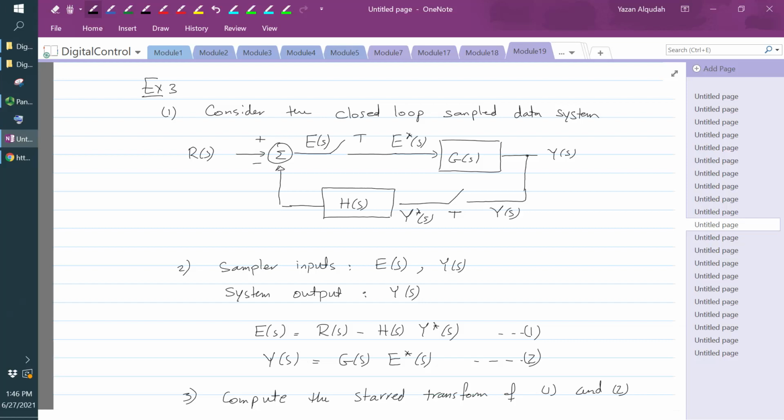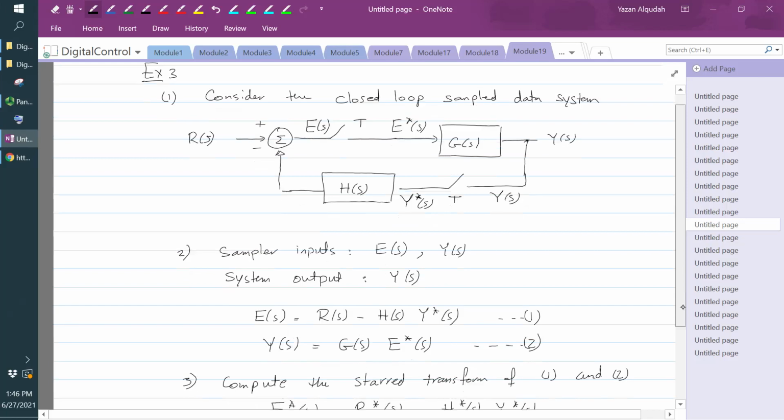In this example, we have the input R of S, we have E of S, we're sampling E of S to get E star, we have G of S, the output is sampled to get Y star, and we're inputting that through H of S, and we're feeding it back.